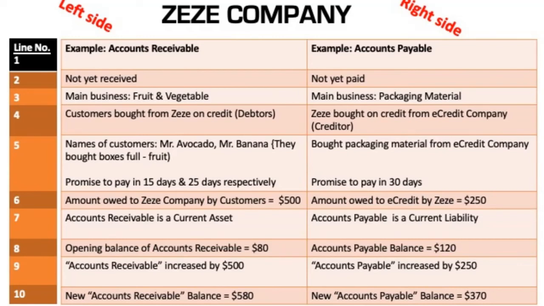At the time Zeze company initiated this business transaction, Zeze company had an accounts payable balance of $120. I indicated that you can use any currency of your choice.